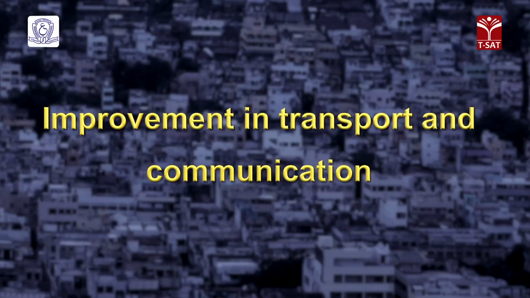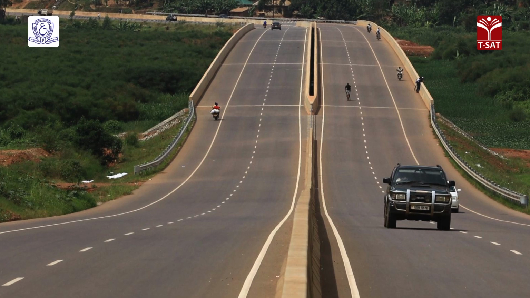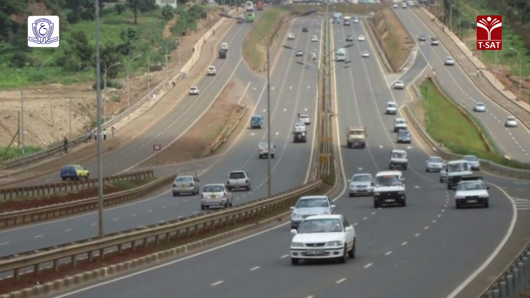Coming to the sixth one, improvement in transport and communication. Development of nation state focuses on improvement in infrastructure facilities and greater connectivity between rural and urban areas. More roads are constructed, which improves the connectivity between rural and urban areas.